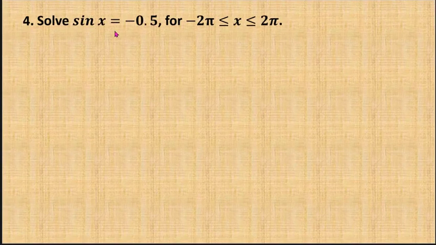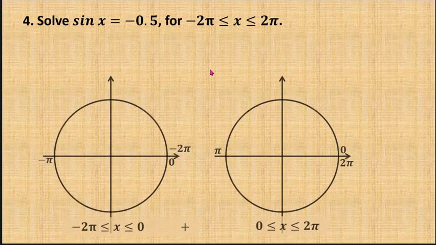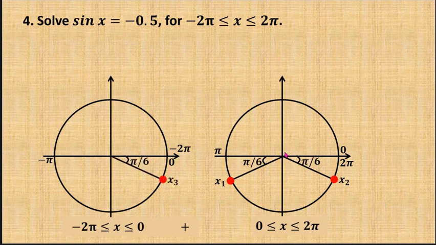If sine x is equal to a negative value 0.5, which means that the angles should be in the third quadrant and fourth quadrant in both circles. To find the value of x1, it starts from 0 to x1 in the direction of anti-clockwise.